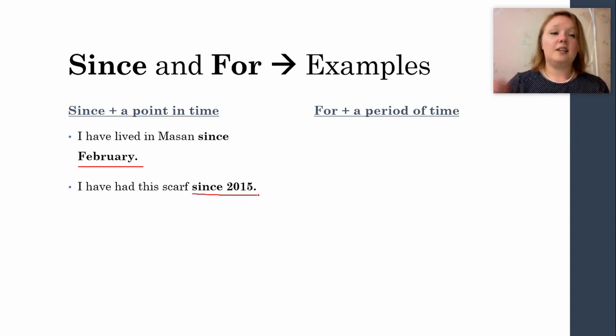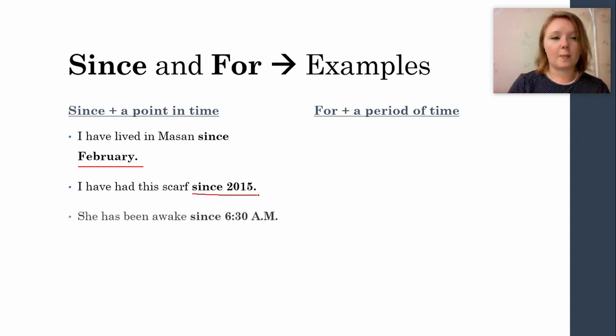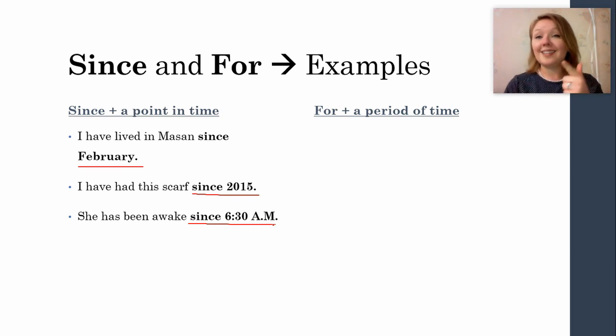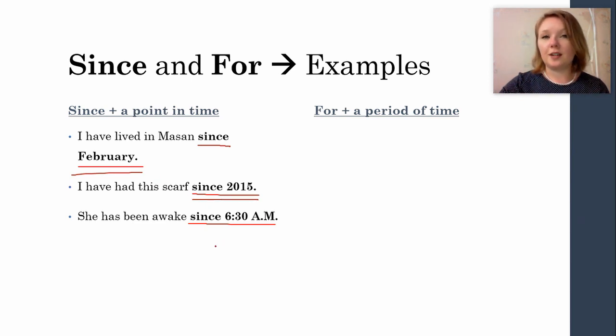So I can say since 2015. She has been awake since 6:30 a.m. So it can be since a month, a day, a year, a time, any point in time. So again, we can say things like since February, since 2015, since 6:30 a.m.